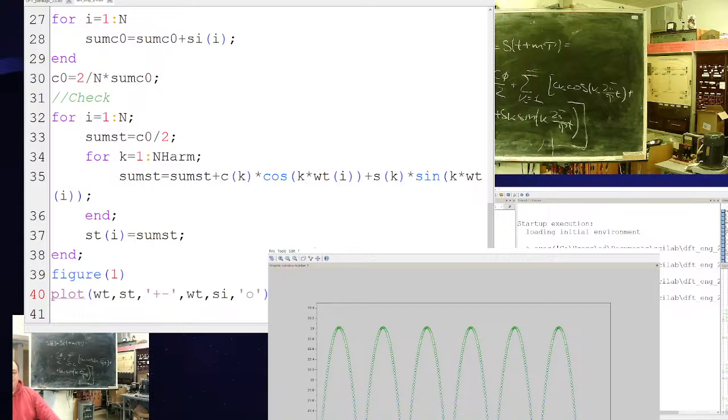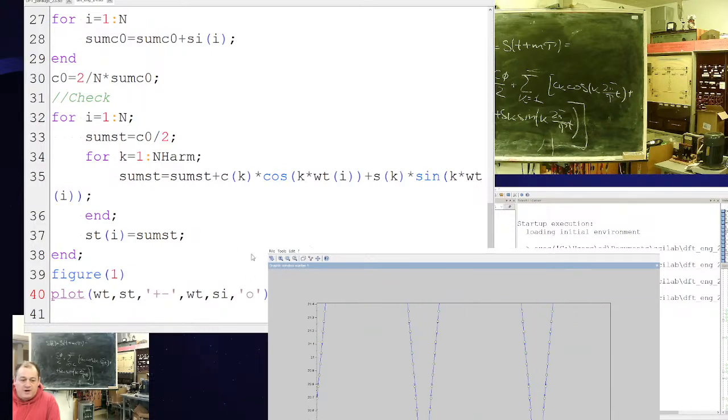For my viewer, look what a nice chart I have. If I magnify, green dots are values of the table, and the blue line is the result of synthesis. Good match, isn't it?